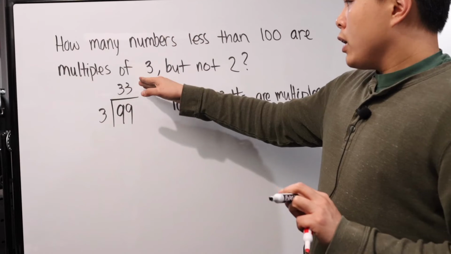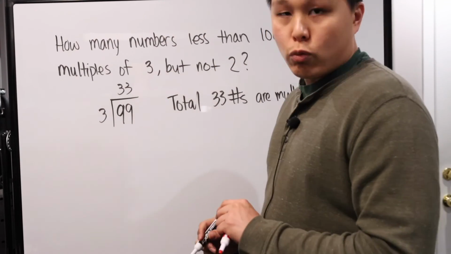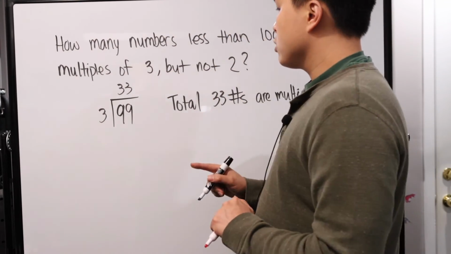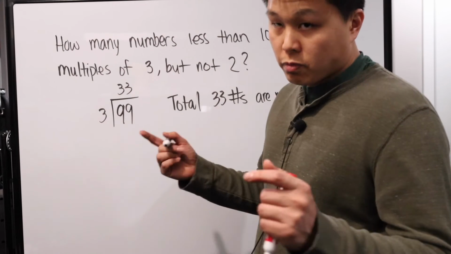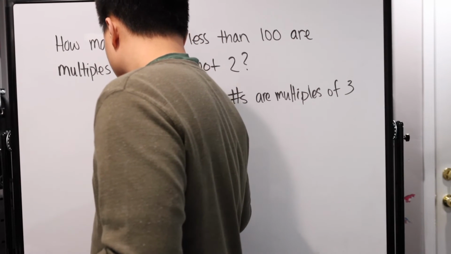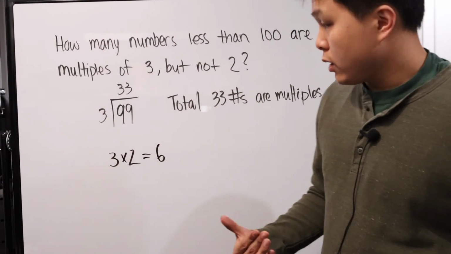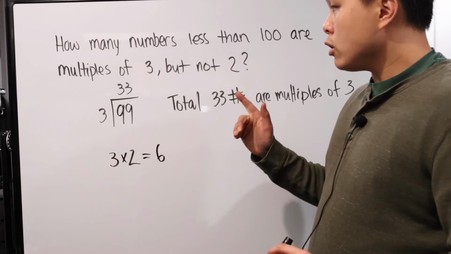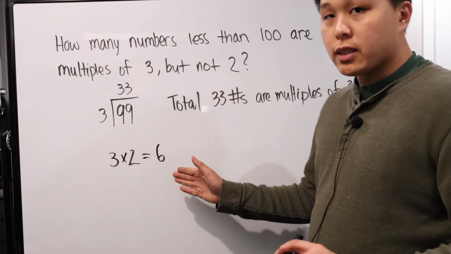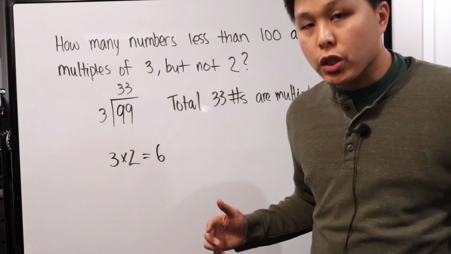So, multiples of 3 and 2 relies on the divisibility rules. To find out if a number is a multiple of 3 and 2, that means it has to be a multiple of 6, right? 3 times 2 is 6. So, as long as we can find all the numbers that are multiples of 6 that are less than 100, and we get rid of them from the multiples of 3, then we're good to go.